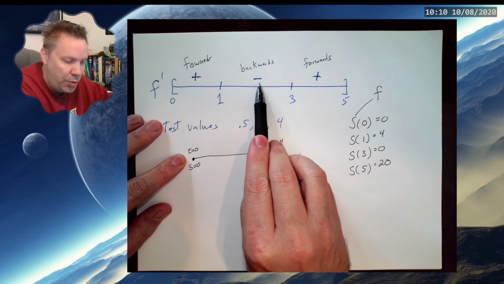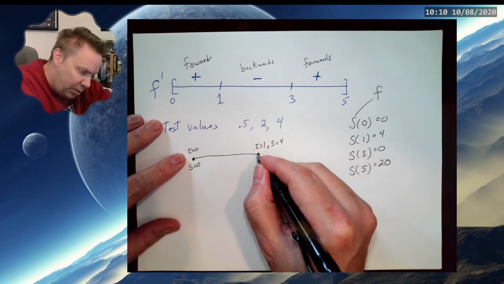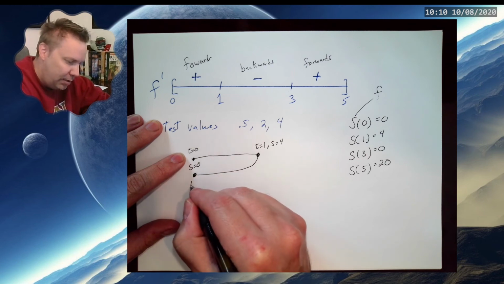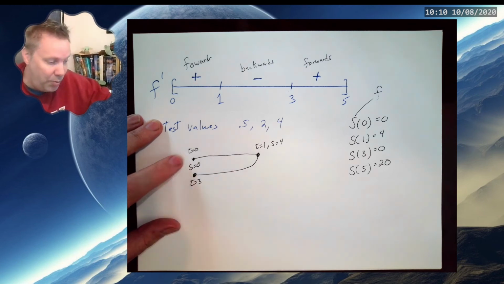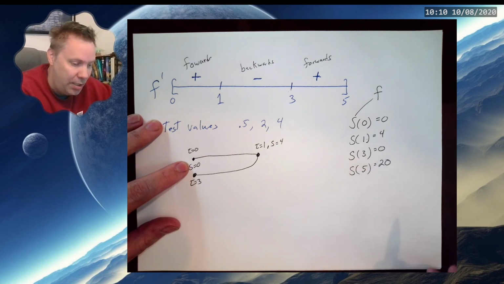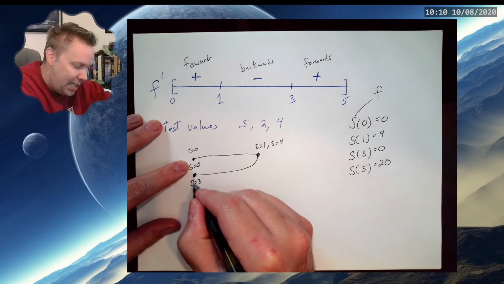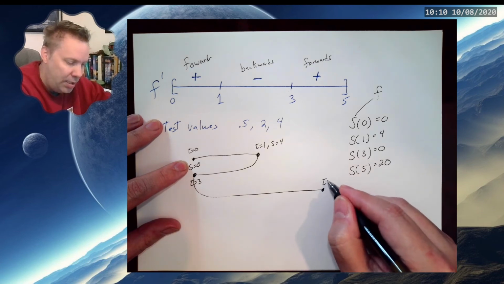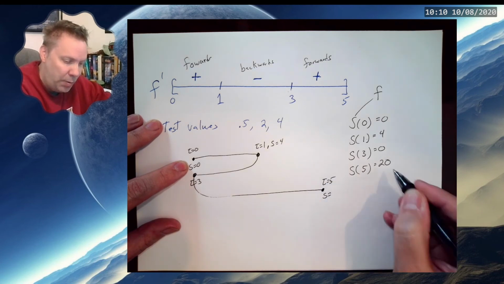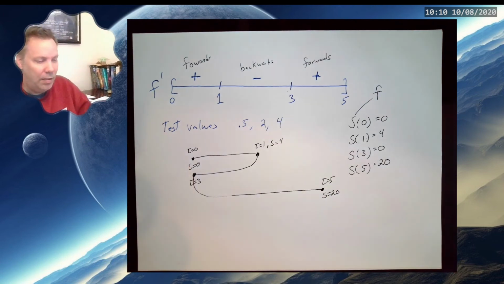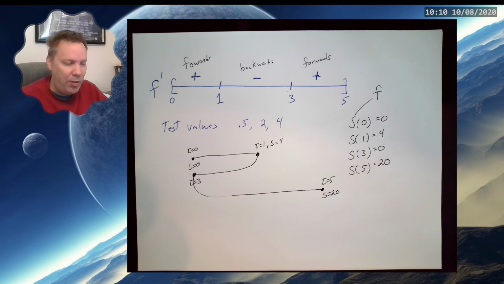And then I know it turns around, and it's going to go back to t equals 3. It's still s equals 0 here, that's what I have over here. And then it turns around yet again, and it goes to t equals 5, s equals 20. So this is my answer for part E.